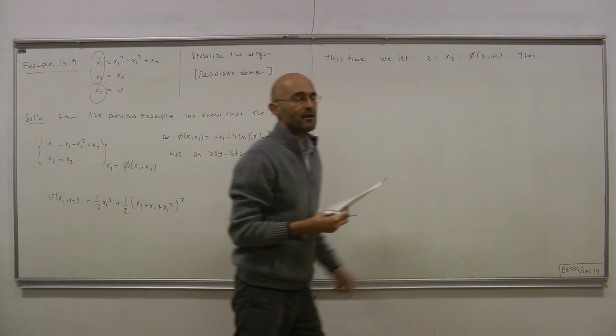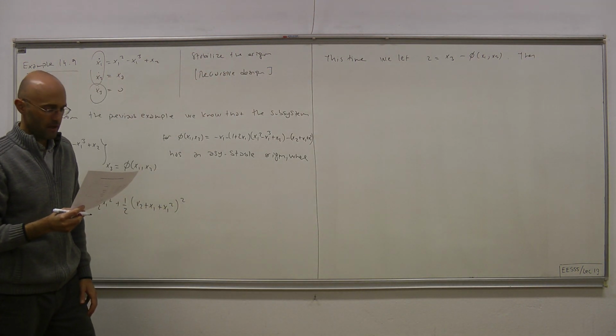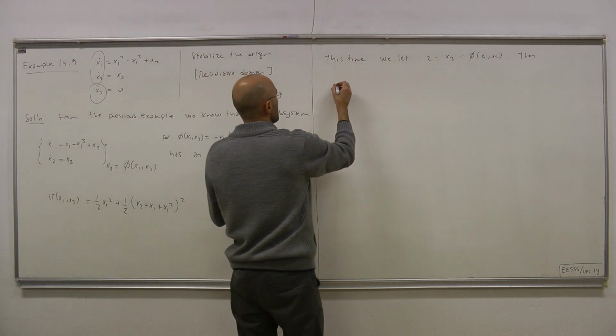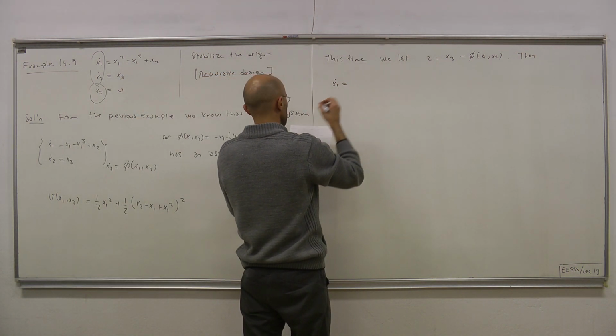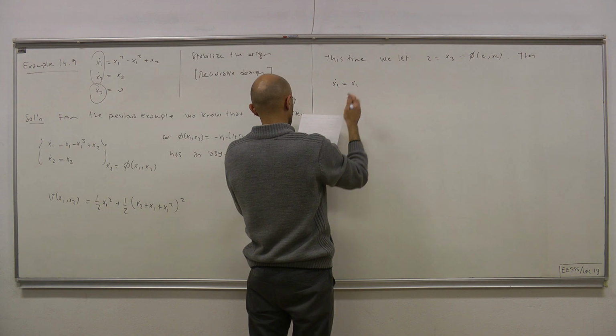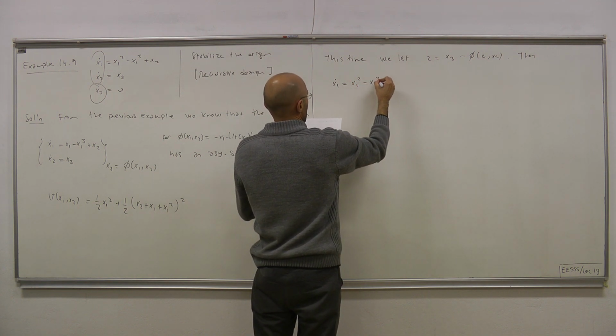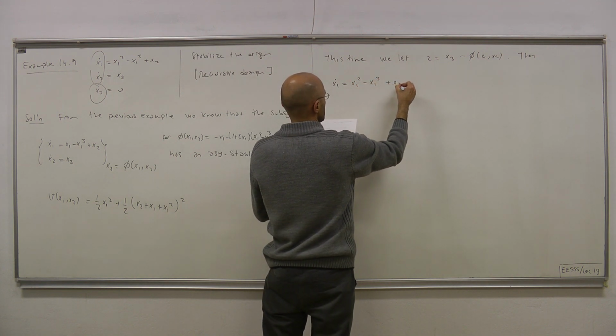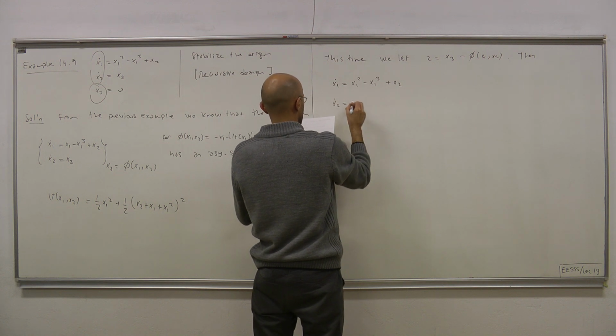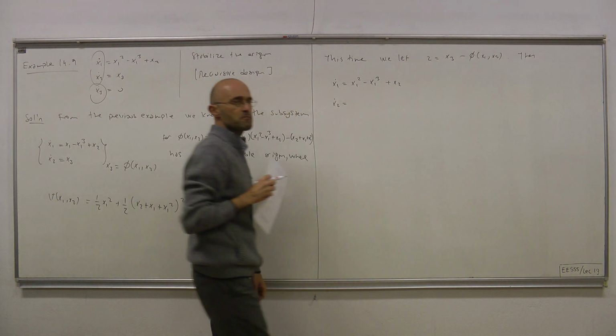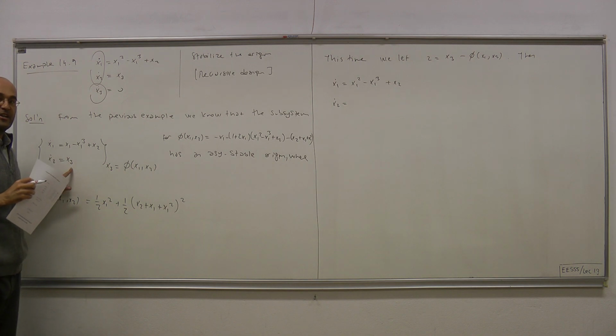Then we can rewrite the dynamics. x1 dot equals x1 squared minus x1 cubed plus x2, x2 dot equals x3.